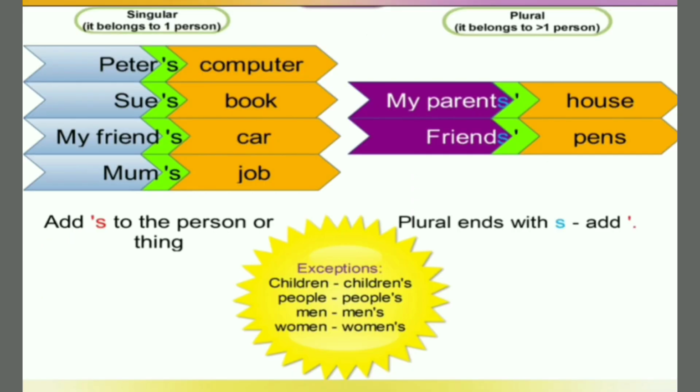Here are a few more examples to show how apostrophe and apostrophe S are used.